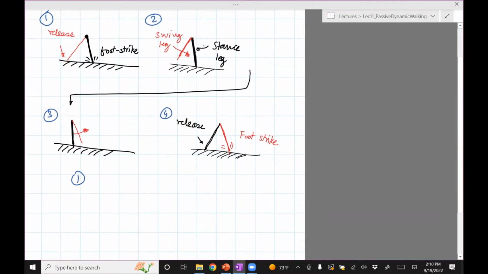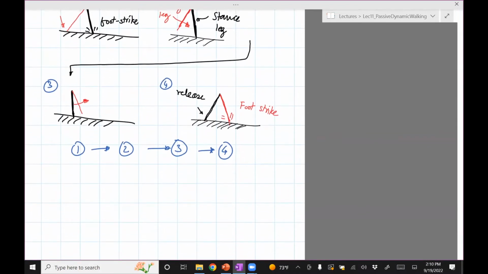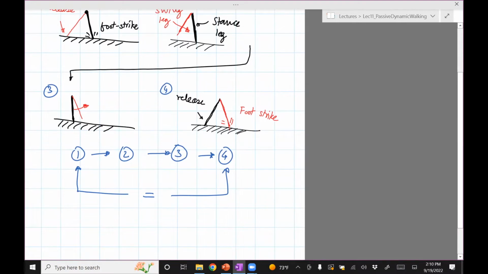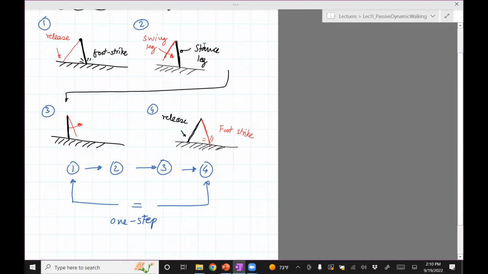So 1 to 2 to 3, 4. You can see that 1 is the same as, sorry, 1 is the same as 4, not 2. So we can call this one step. And if you want to make multiple steps, you just repeat that. So as long as we can model this one step, the way I've shown, we can make this go forever, right? Assuming it doesn't fall.